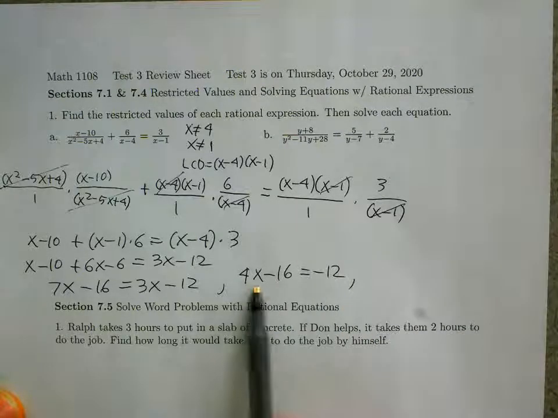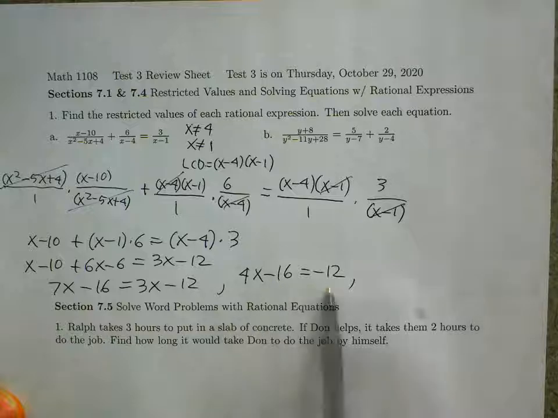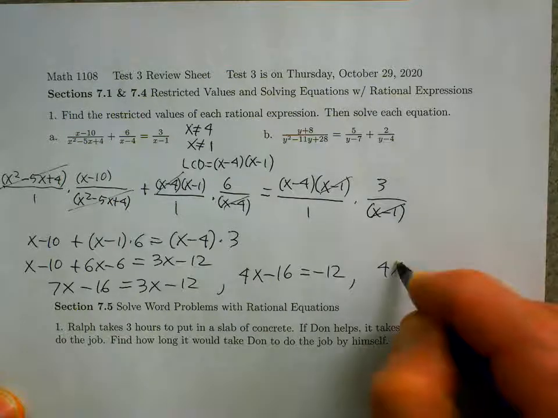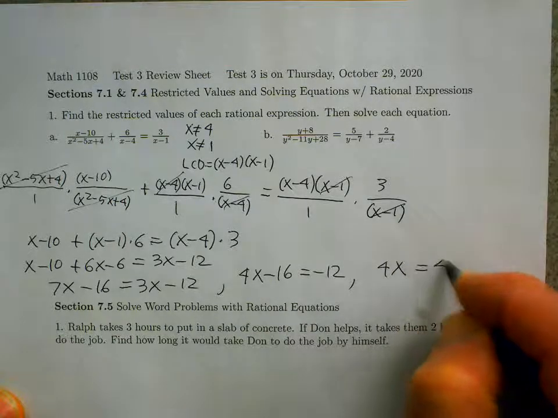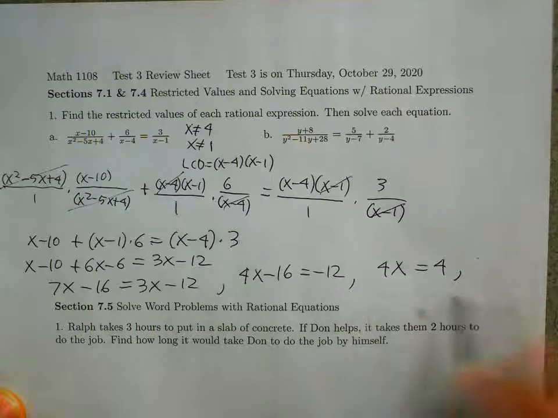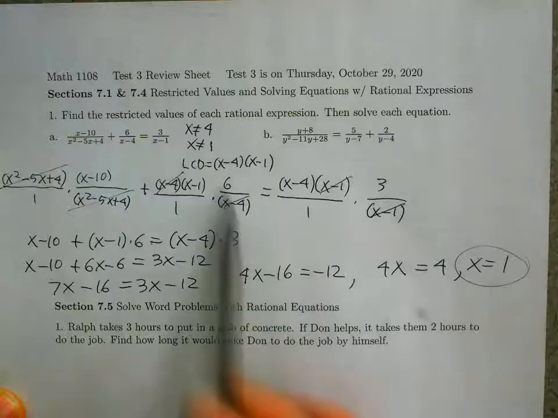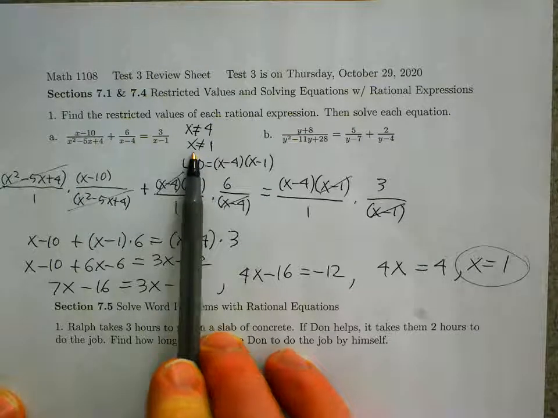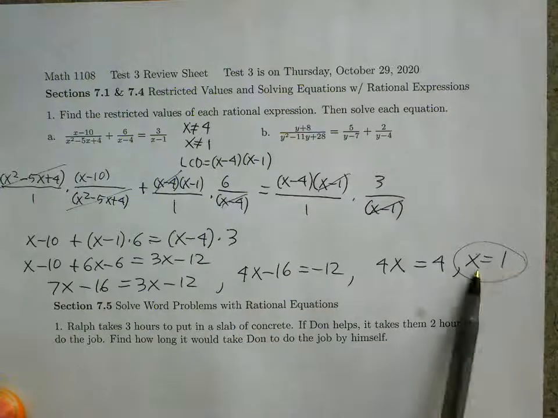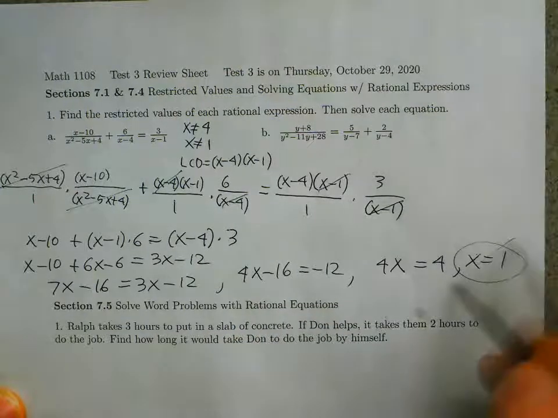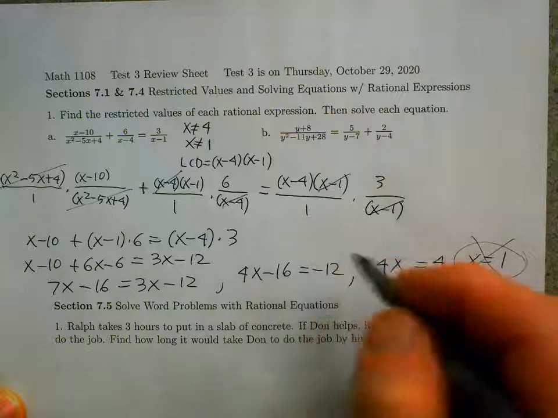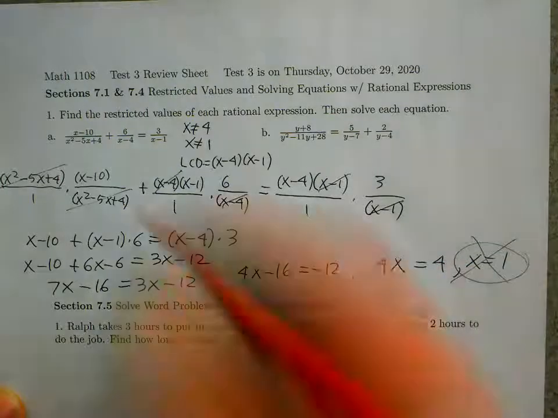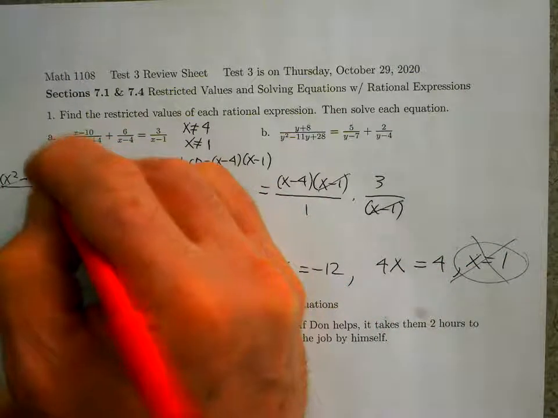Then add 16 to both sides, and we get 4x equals 4. Divide both sides by 4, x equals 1. One of the restricted values is 1, so that means the equation has no solution. So this equation has no solution.